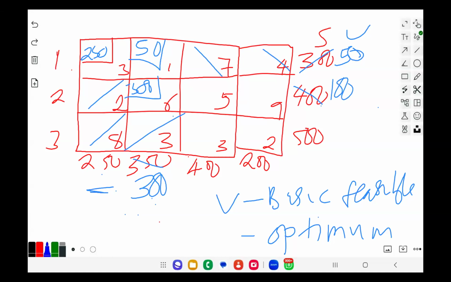Again, the next northwest corner is 5. 400 versus 100, we just record 100, the smallest. Then we cancel that, so that here we remain with 300.